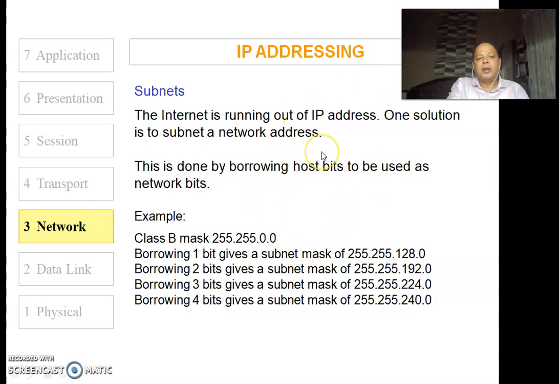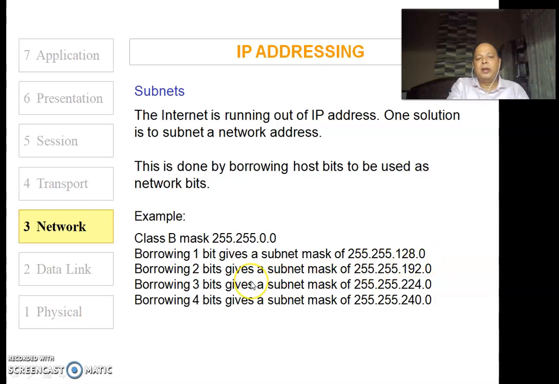So how does a subnet work? Subnetting is done by borrowing the host bits, which can be used as network bits. For instance, the class B mask is 255.255.0.0. Borrowing one bit gives a subnet mask of 255.255.128.0.